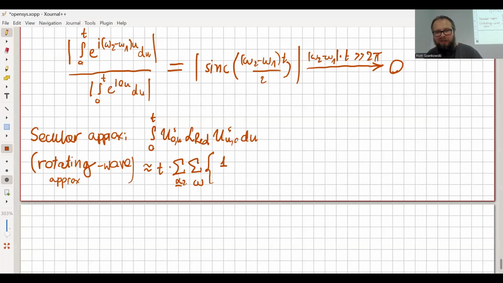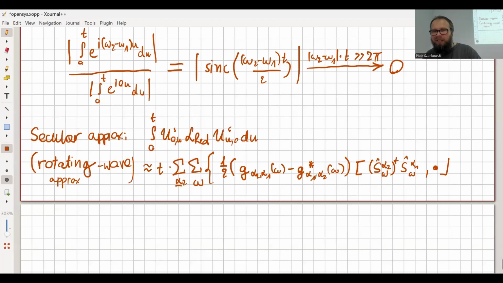So you can write all of this as one half times g alpha 2 alpha 1 omega minus g alpha 1 alpha 2 omega complex conjugate, and commutator with S omega alpha 2 dagger S omega alpha 1 bullet.